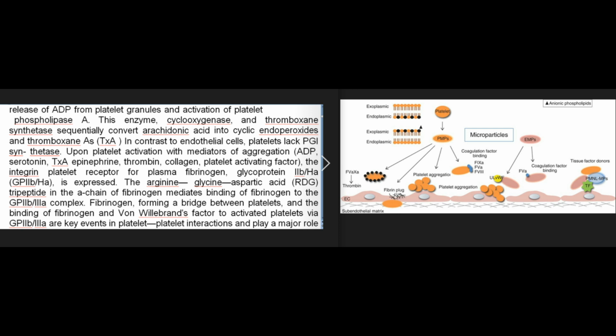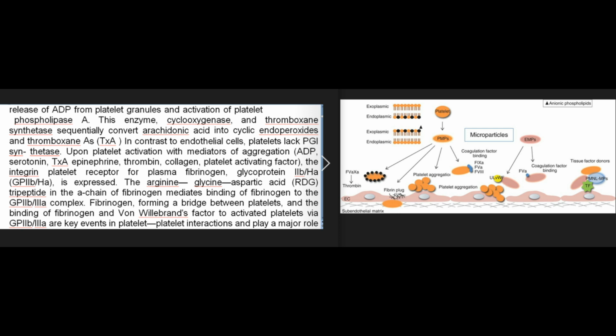Upon platelet activation with mediators of aggregation, ADP, serotonin, TXA2, epinephrine, thrombin, collagen, platelet activating factor, the integrin platelet receptor for plasma fibrinogen, glycoprotein IIb/IIIa, GPIIb/IIIa, is expressed.